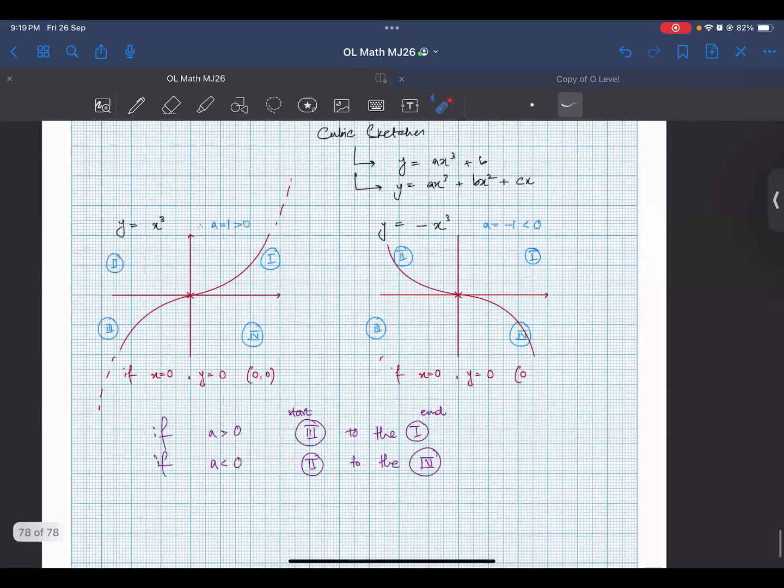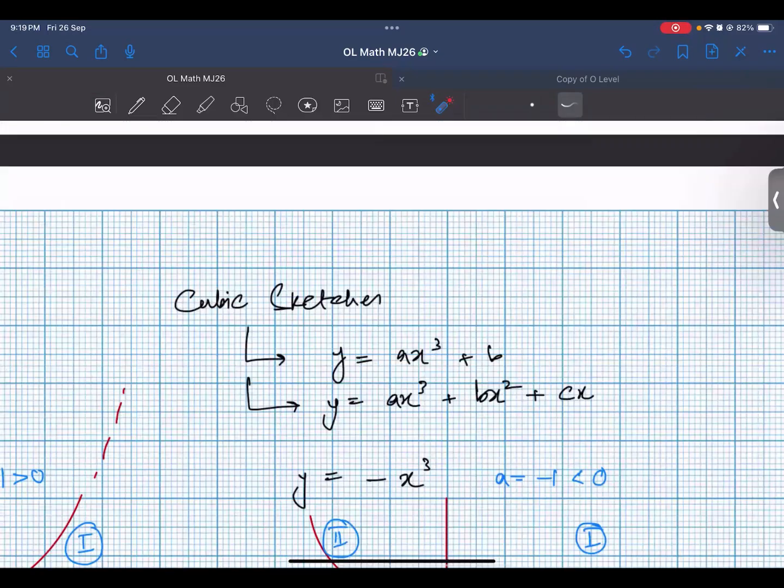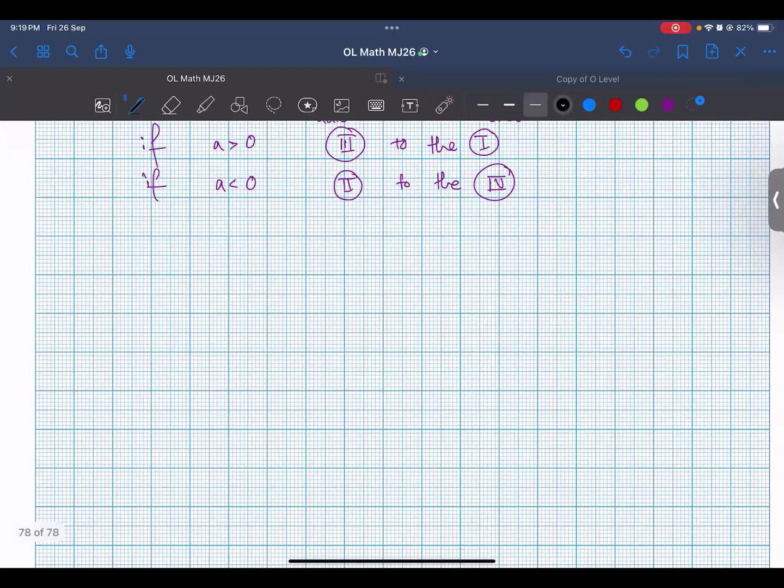Now, what about if we add something, in this form, y equals ax cube plus b? Let's suppose it is y equals 2x cube plus 3. So again, let's find the intercepts.